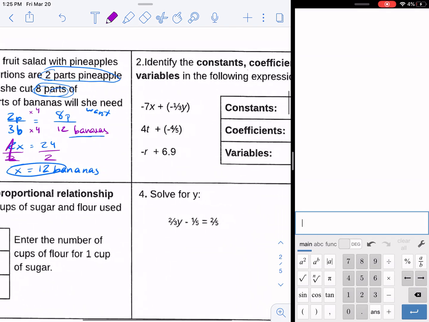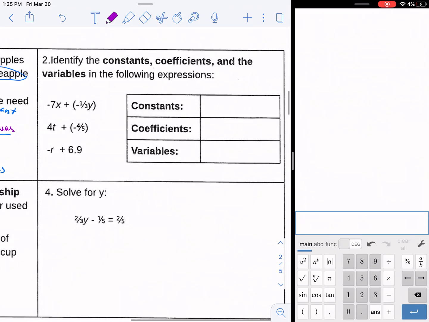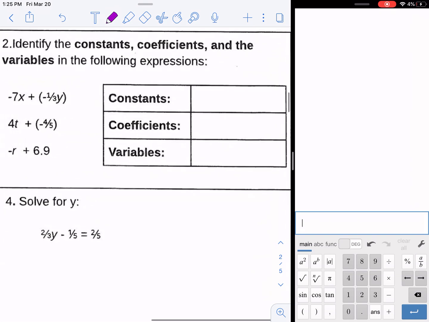Number 2, identify the constants, coefficients, and the variables. Okay, so constants. Remember, a constant is a number that stands alone.